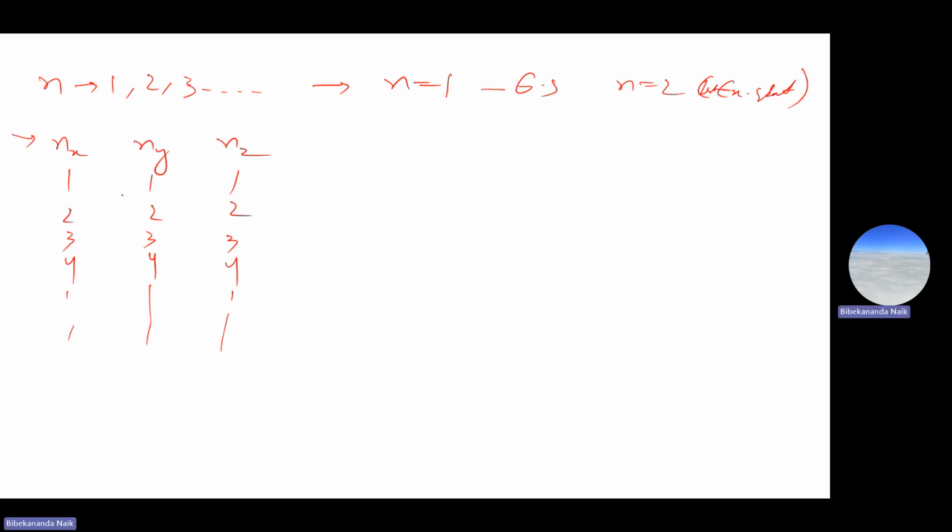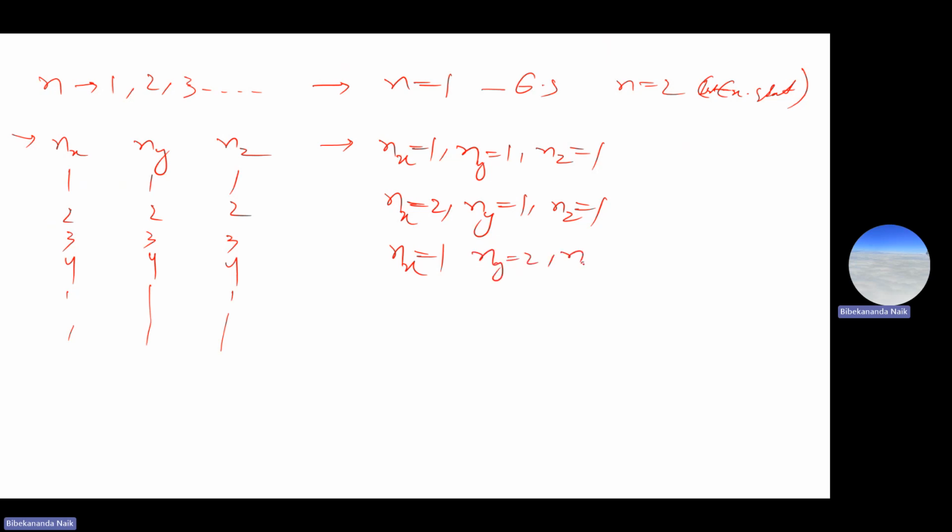But for the three-dimensional case, the ground state will be nx equals 1, ny equals 1, nz equals 1. For the first excited state, only one of the values of nx, ny, and nz will be 2. So we can write nx equals 2, ny equals 1, nz equals 1. Again, ny can be 2 also, so the second state is nx equals 1, ny equals 2, nz equals 1.